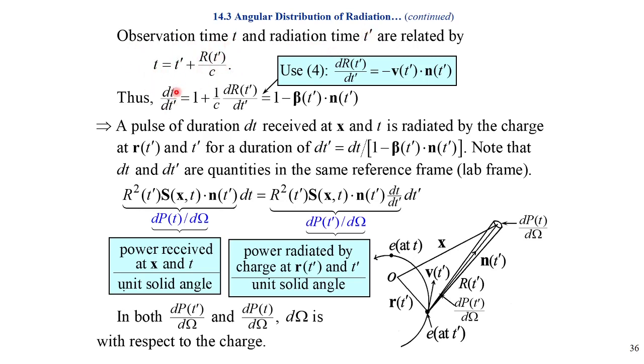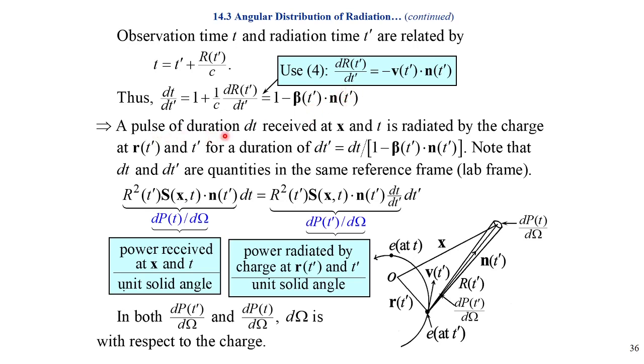So dt over dt prime is 1 plus 1 over c dr of t prime over dt prime, and that's v of t prime dot n of t prime. And v of t prime over c is beta of t prime, so it becomes minus beta of t prime dot n of t prime.